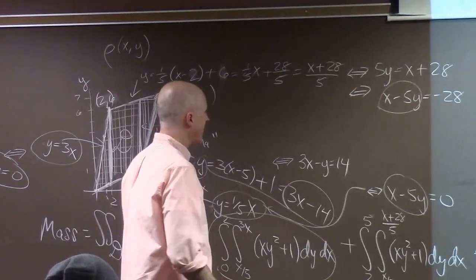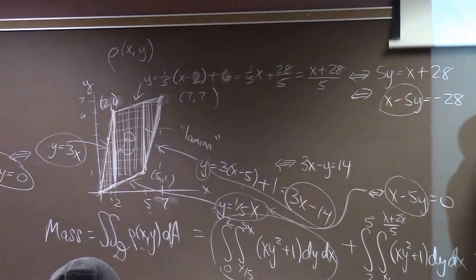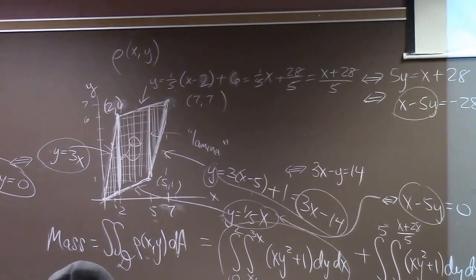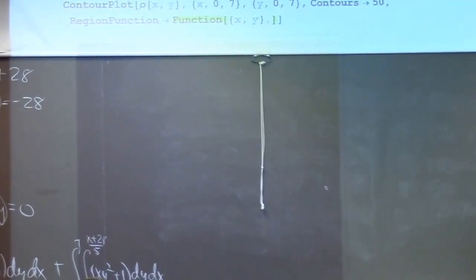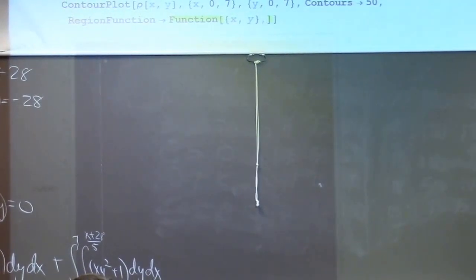So I'm going to use those facts within this region function option over here. I'll put both sets of inequalities. And double ampersand is the way Mathematica uses, is an and operator to make sure both conditions are true.